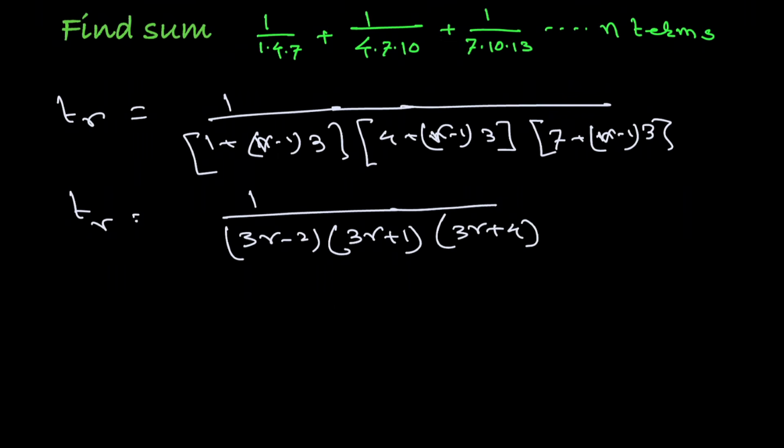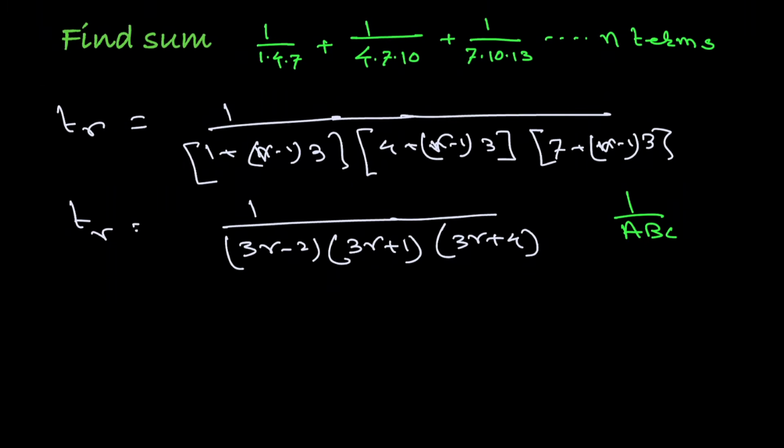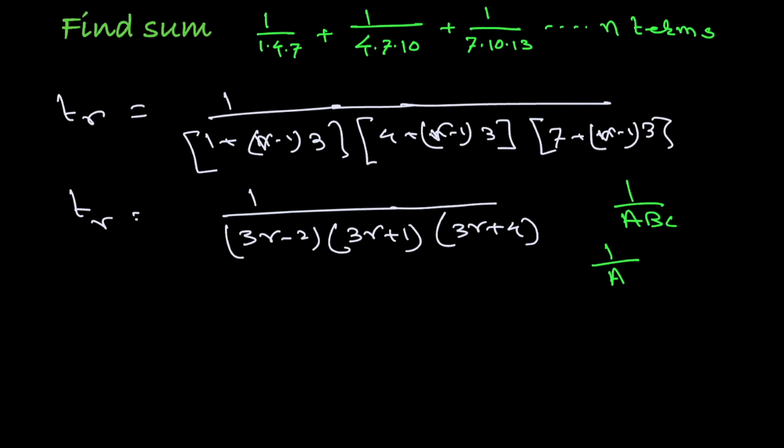Now we have to get the sum to the n terms. Since it is in the form of 1 by a, b, c, since 3 product, we have to express this in terms of 1 by a, b minus 1 by b, c. This type of factor, then finally you have to adjust the numerator.